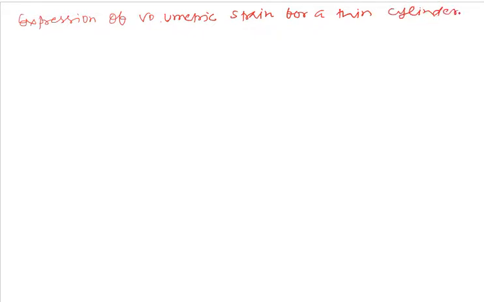So the question is: derive the expression of volumetric strain for a thin cylinder due to internal pressure.